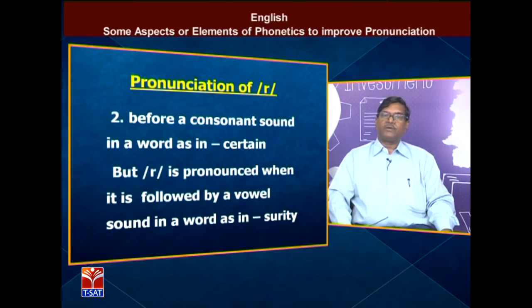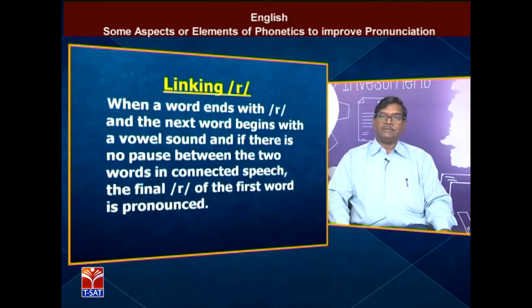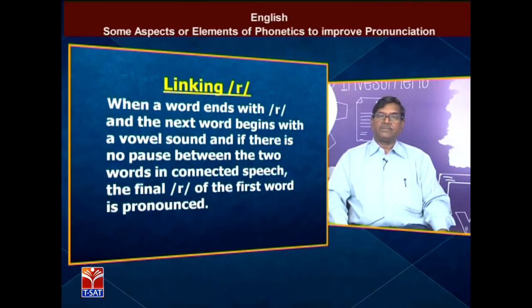But when it is followed by a consonant sound, it is not uttered, as in the case of certain, garden, girl. R is followed by L, a consonant sound. There, R is not pronounced. Girl, garden.